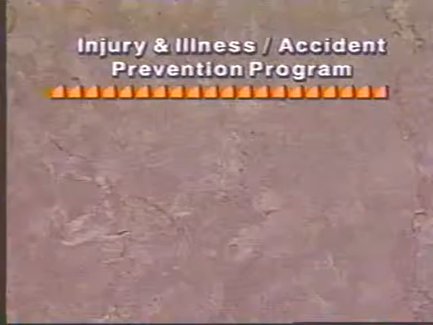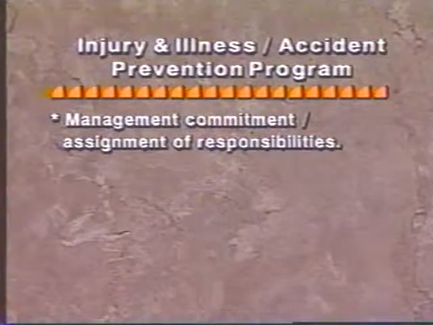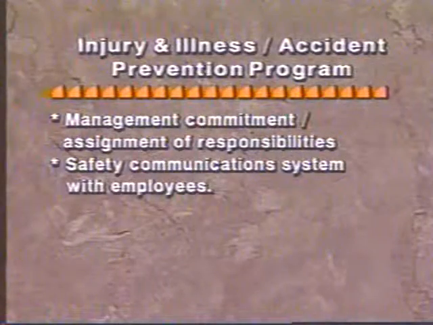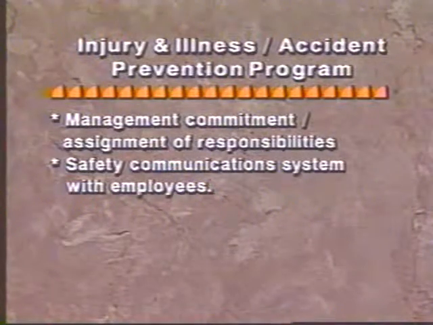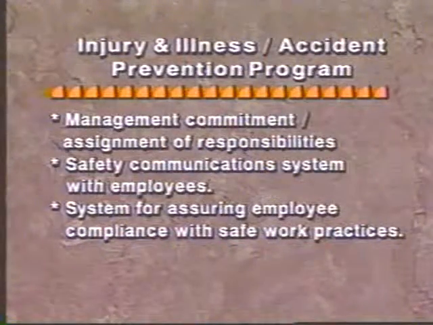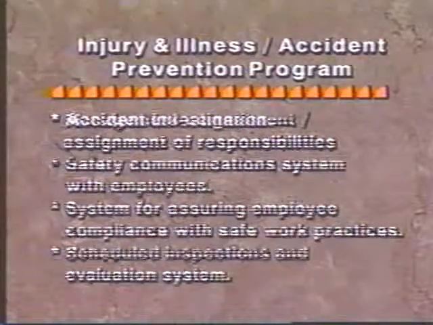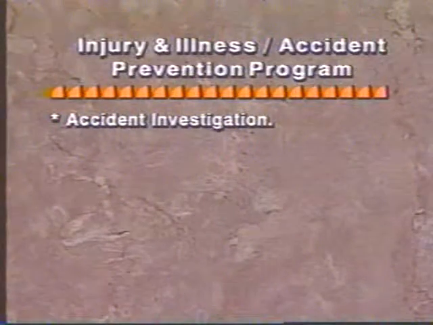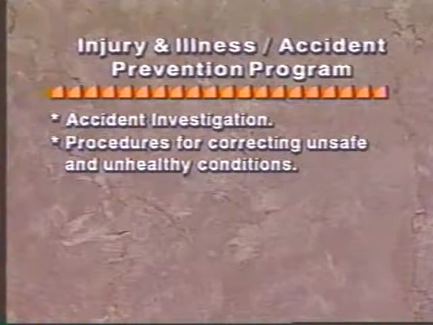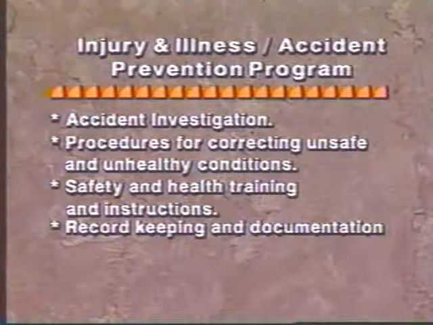Our written accident prevention program implemented at this facility has the following elements: management commitment and assignment of responsibilities, safety communications system with the employees, system for assuring employee compliance with safe work practices, scheduled inspections and evaluation systems, accident investigations, procedures for correcting unsafe and unhealthy conditions, safety and health training and instruction, and finally, record keeping and documentation.